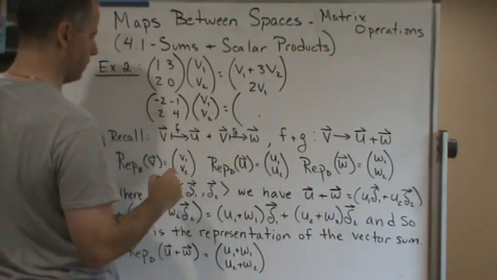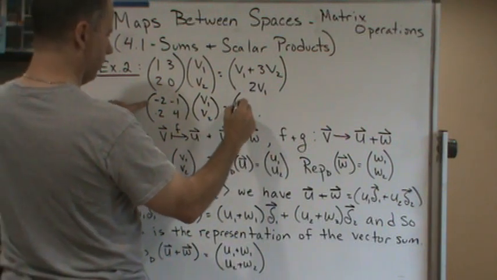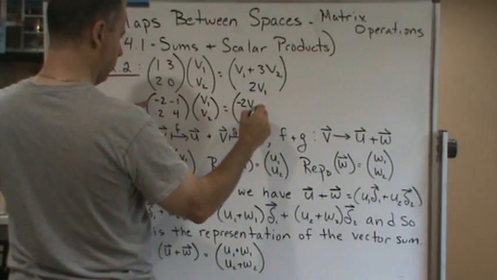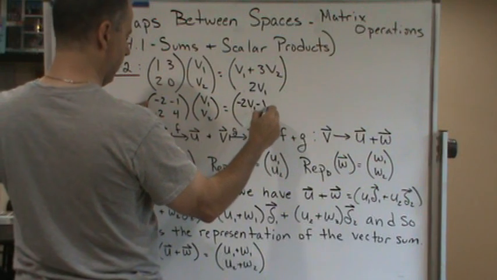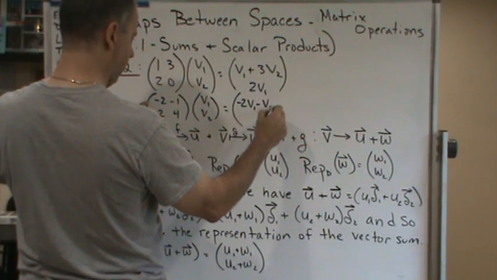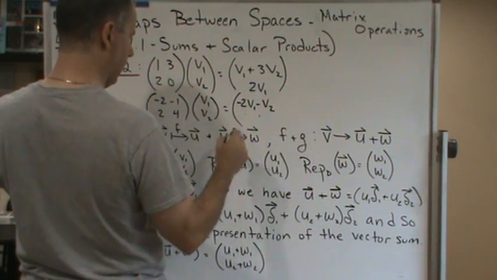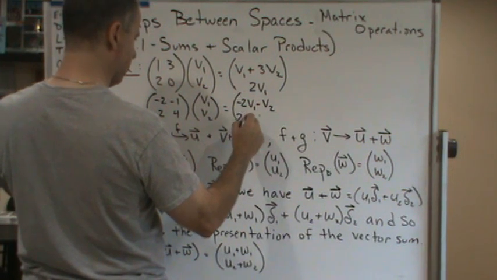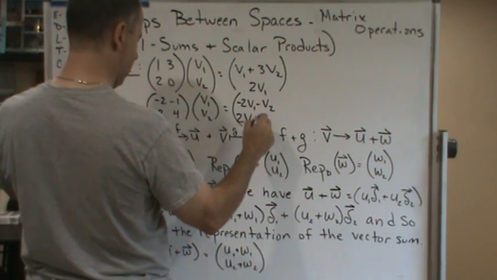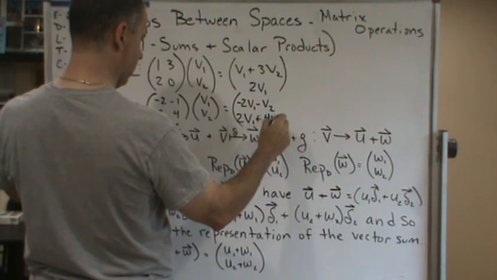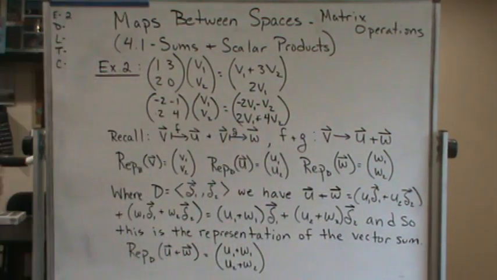This is going to give us our representation of -2v1 minus v2, and then this is going to give us 2v1 plus 4v2.